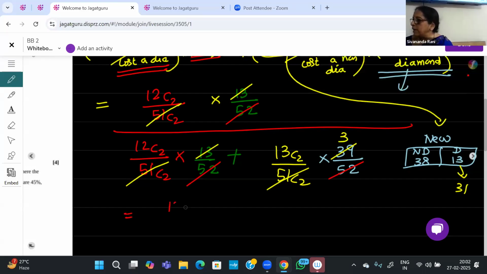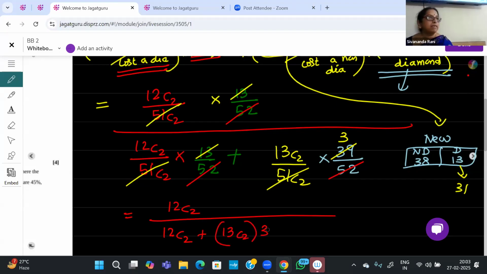So what is left behind? 12C2 by 12C2. Can you calculate this alone? Don't be struggling by calculating all the denominators. That will be unnecessary.